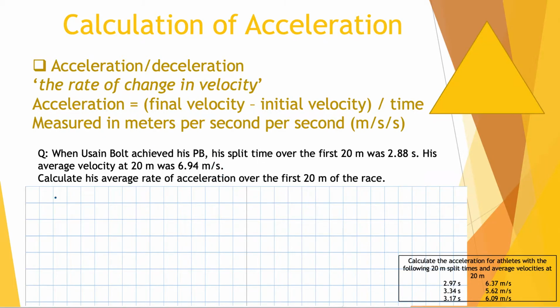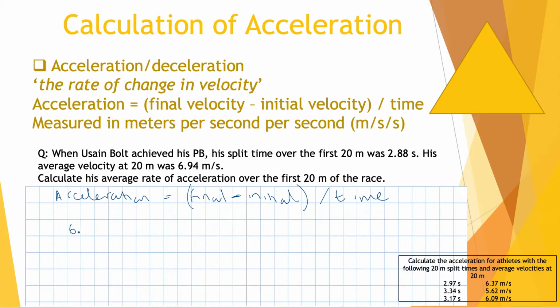Okay, so again, I'm going to write it out. Acceleration is final velocity minus initial, and then I'm going to divide that by time. It's essentially the change in velocity. How has the velocity changed over that period of time, which is the acceleration? So in this case, final velocity is 6.94.